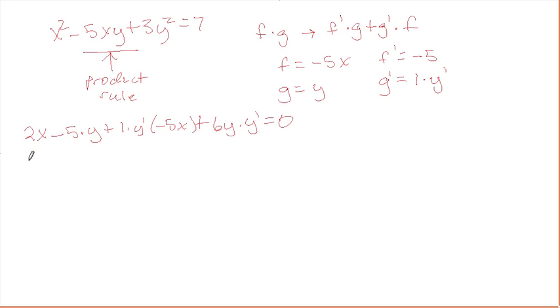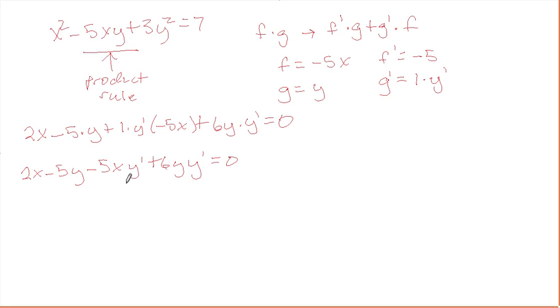So let's go ahead and simplify this up a bit. So we have 2x minus 5y minus 5x y prime plus 6y y prime equals 0. So we want to get y prime by itself.